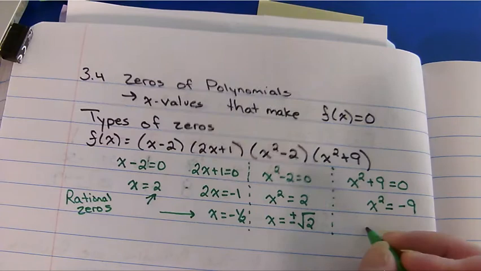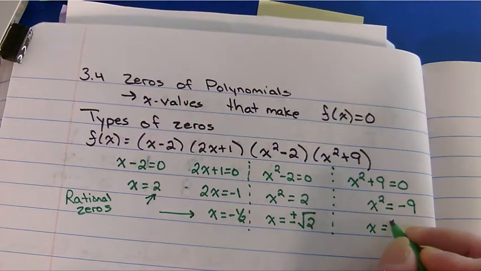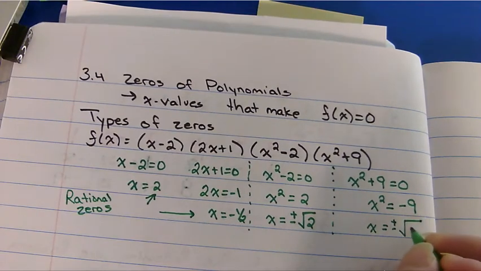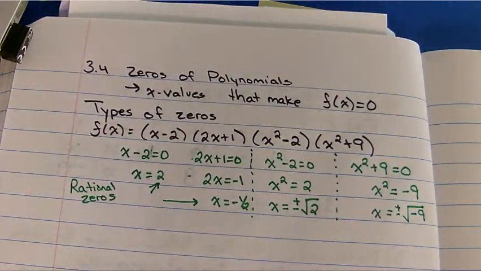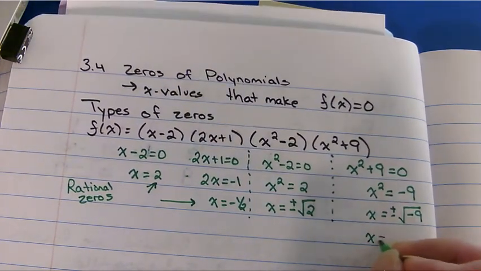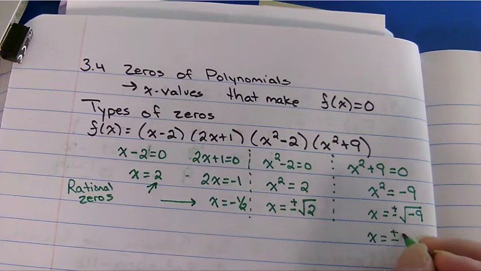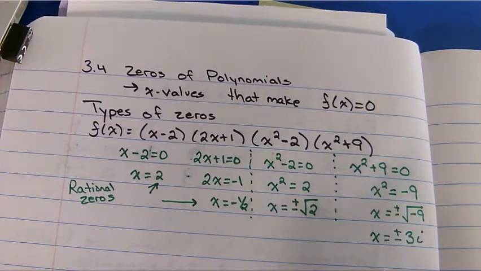Again, square root of both sides, and we get plus or minus the square root of a negative number. Now remember, the square root of a negative number is imaginary, and that's actually going to give me the square root of 9 is 3, and because it was negative, it's going to get an i.